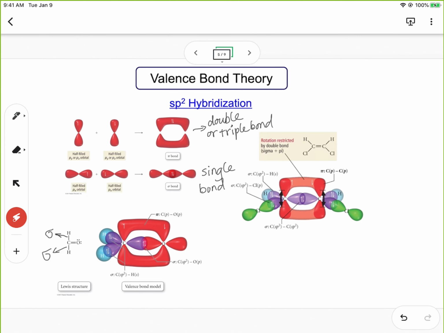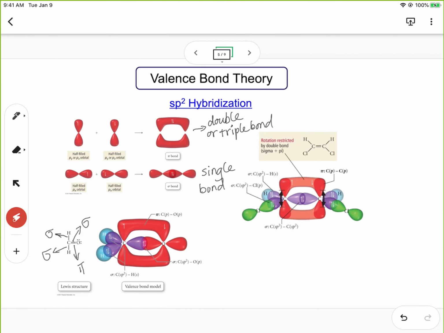At the same time, you have a p orbital on carbon and a p orbital on oxygen. These two orbitals will interact with each other through side-by-side interaction. So this is the pi bond. In other words, for this CO double bond, you have two lines. Can you see that? One line is a sigma bond, the other line is going to be a pi bond.